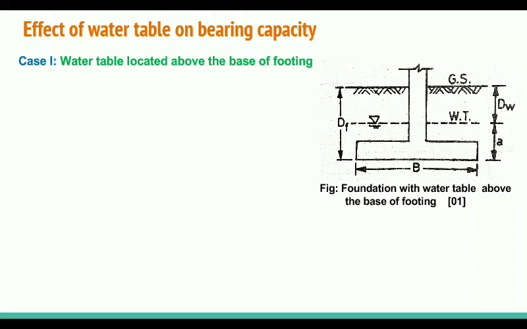The depth of the water table from the ground surface is denoted by dW, and the water table height above the base of the footing is denoted by A. So the depth of foundation is equal to the depth of the water table from the ground surface plus the height from the base of the footing. So we can write dF is equal to dW plus A.